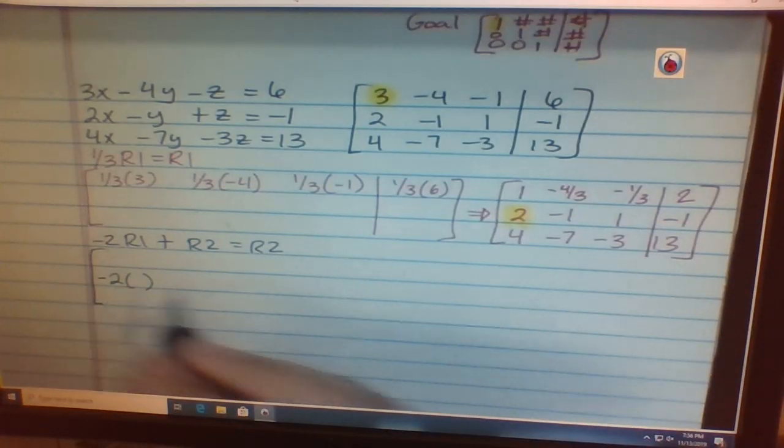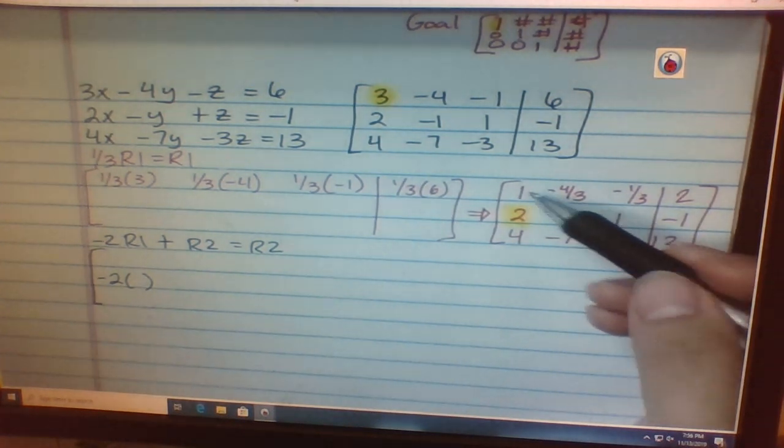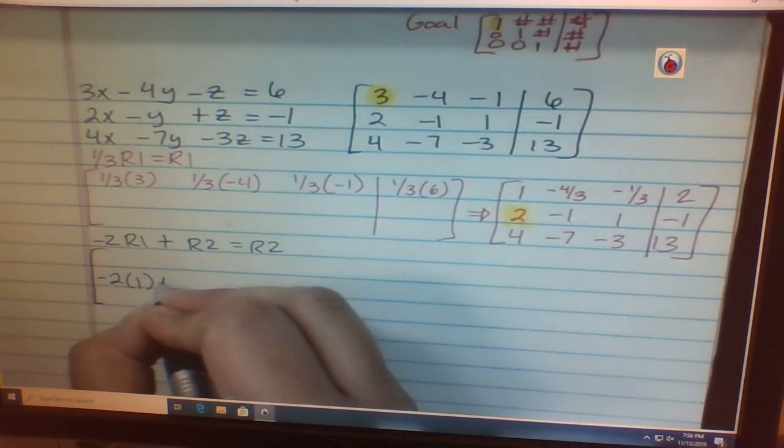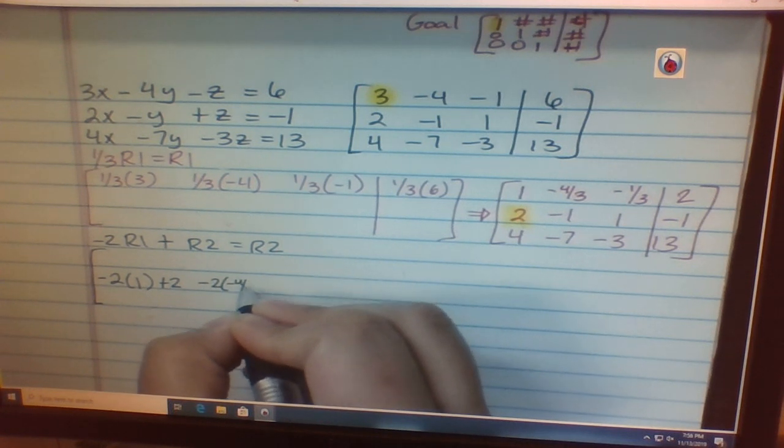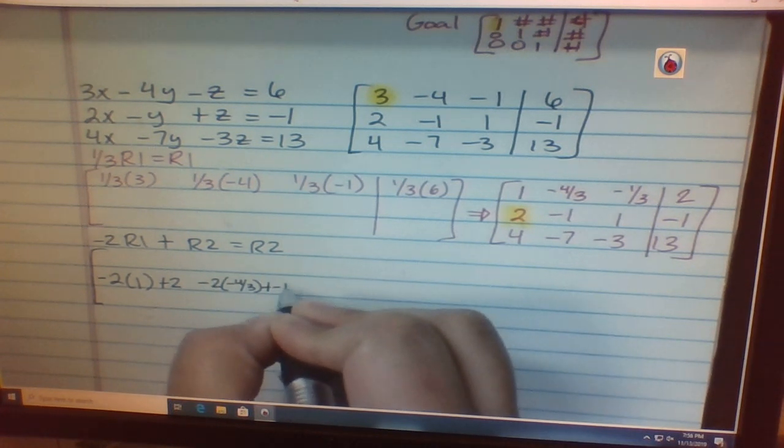So -2 times row 1 plus row 2. -2 times thirds plus 1.